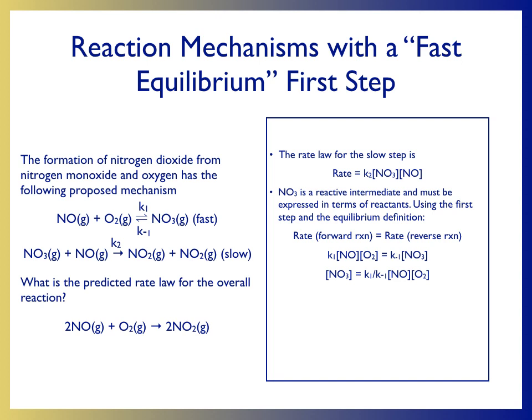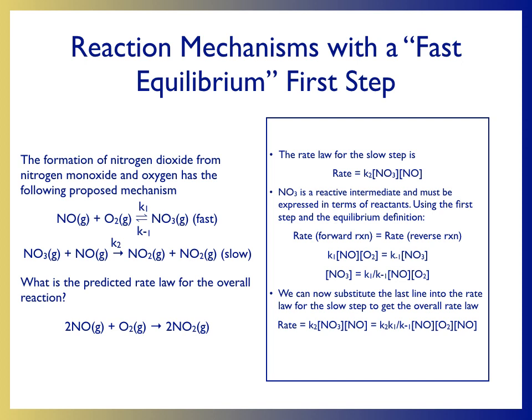If we rearrange to solve for the concentration of the reactive intermediate, NO3, we get that the concentration of NO3 is equal to K1 divided by K minus 1 times the concentration of NO times the concentration of O2. We now take this and substitute it into our rate law for the slow step.